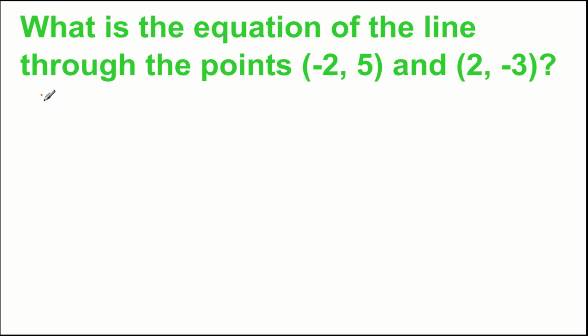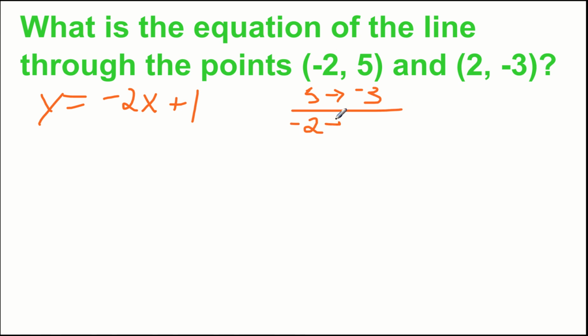Yeah, so we got y equals negative 2x plus 1. So first we find the slope. Slope is change in y over change in x. So we're going from 5 to negative 3, and we're going from negative 2 to positive 2.